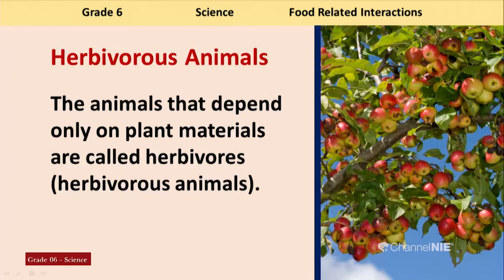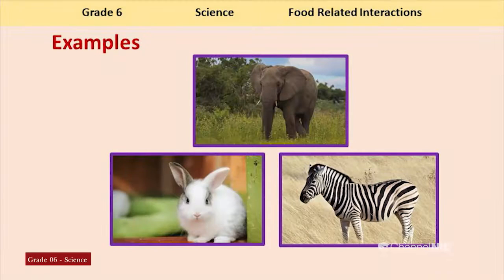The animals that depend only on plant materials are called herbivores or herbivorous animals. Here are some examples for herbivorous animals. The elephant, rabbit and zebra. I am sure that you have number of examples for this. You can write or you can add them in your list.